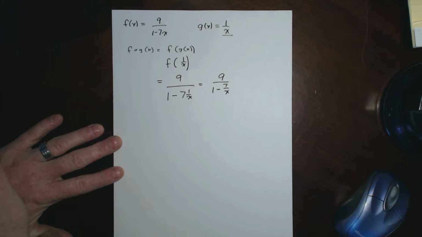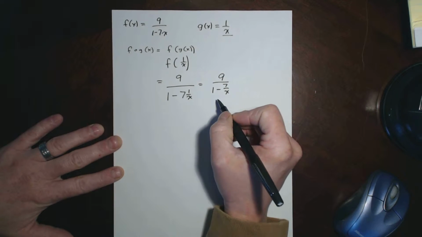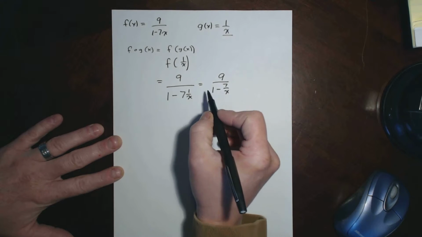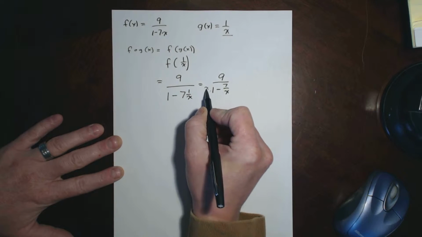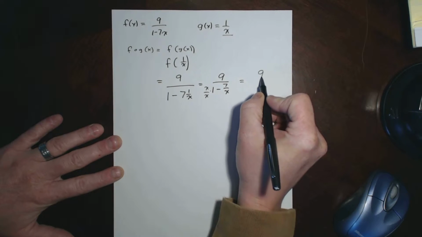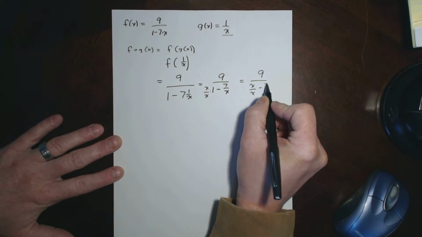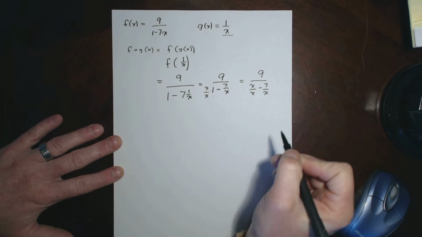Now what I want to do is to try to simplify this, and this is a little bit tricky. So what we want to do is find the common denominator in our big denominator here. So I'm going to take this 1 and multiply it by x over x, and that's going to give me 9 over x minus 7 over x.